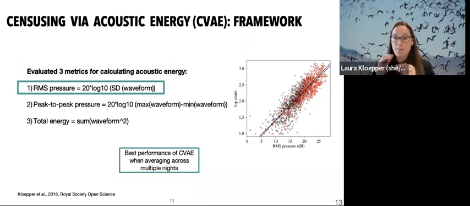So if you do the math, we're talking a lot of bats. This is a very, very high density situation that we were evaluating at the beginning. Really strong relationship for high density bat emergences. We also found that the best performance occurred when you average it across multiple nights.